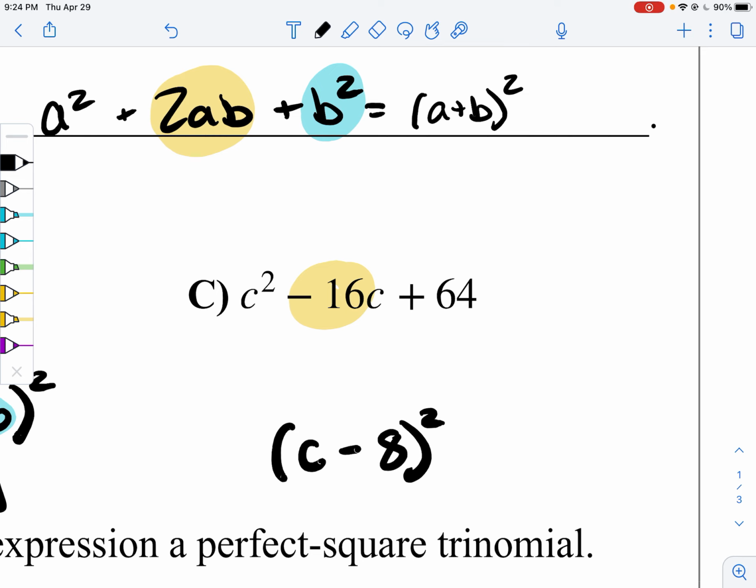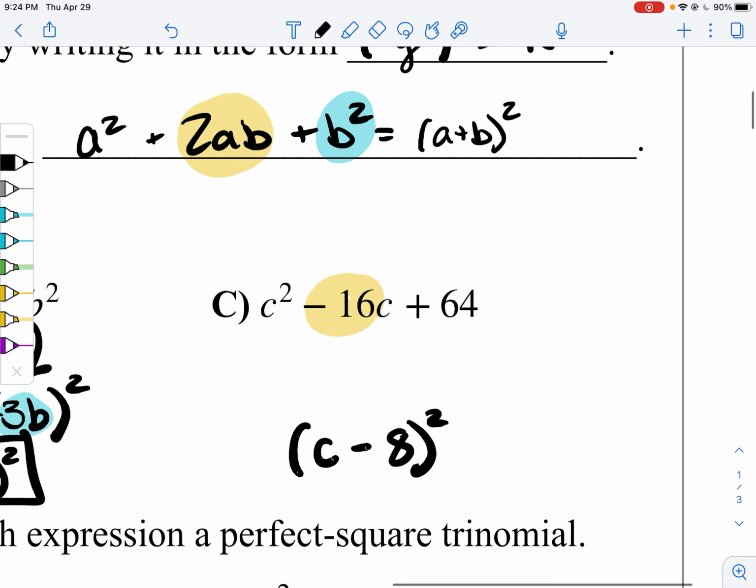So negative 16 divided by 2 equals negative 8. This shortcut I'm going to show you only works when you have a 1 right here. There, now we have a 1 right there, so we can use it.